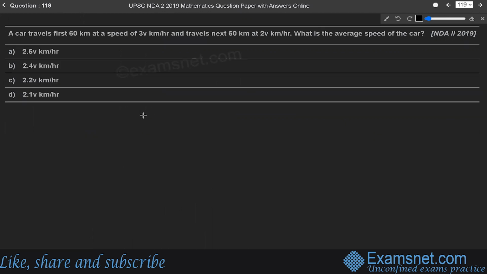Next question is, a car travels first 60 kilometer at a speed of 3v kilometer per hour and travels next 60 kilometer at 2v kilometer per hour. What is the average speed of the car? We know that average speed is equal to 2xy upon x plus y.